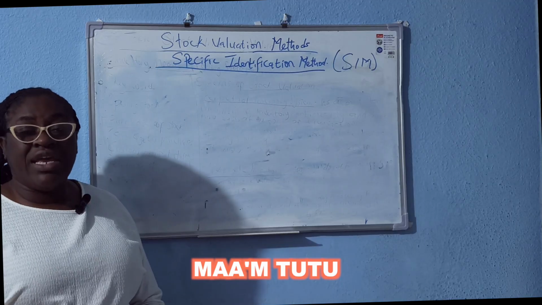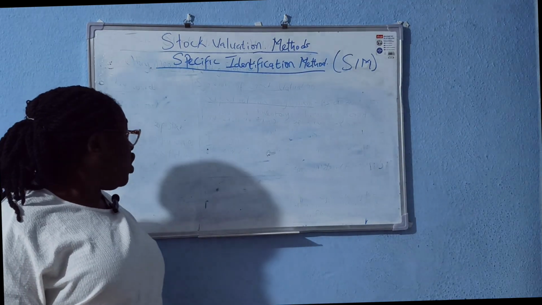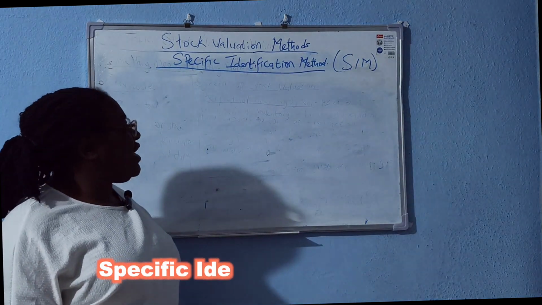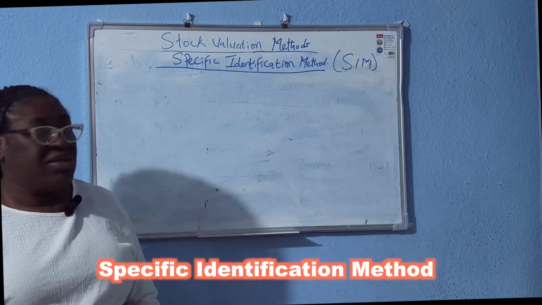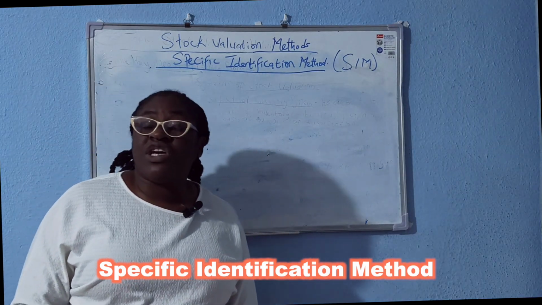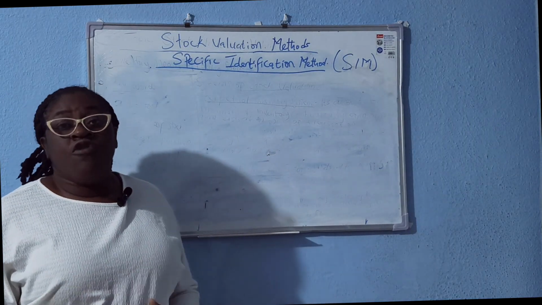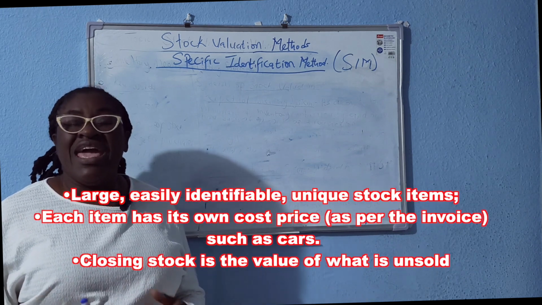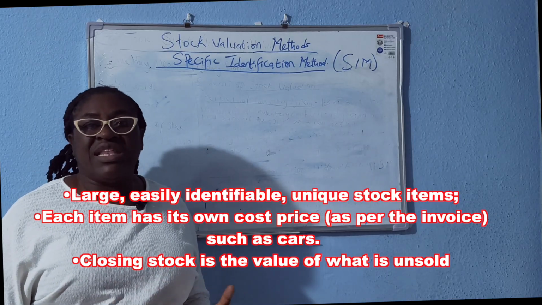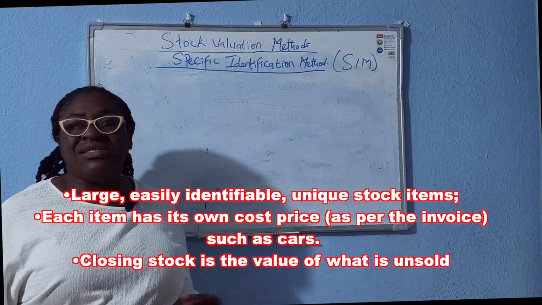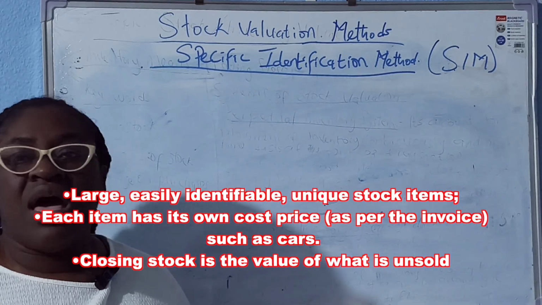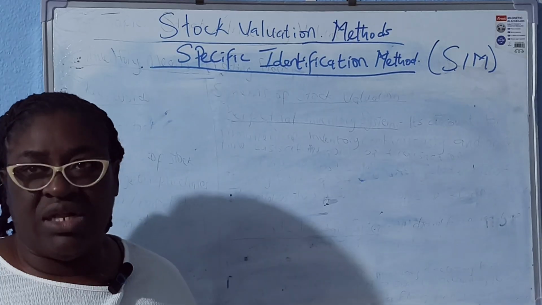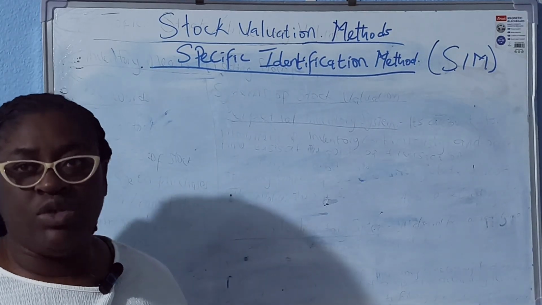Today we are looking at the third method of stock valuation, which is the specific identification method, SIM. The specific identification method is basically used for products or goods that are relatively expensive, goods like cars, motorcycles, computers, goods with models.